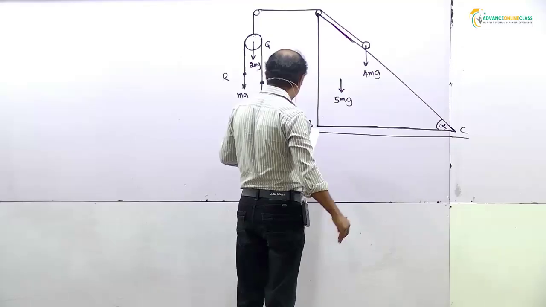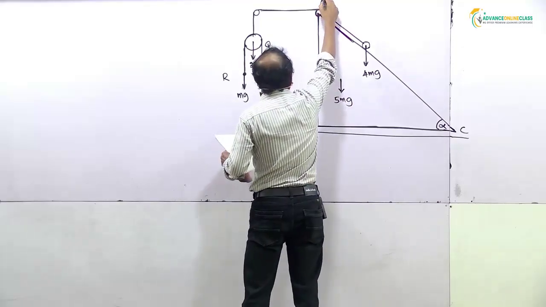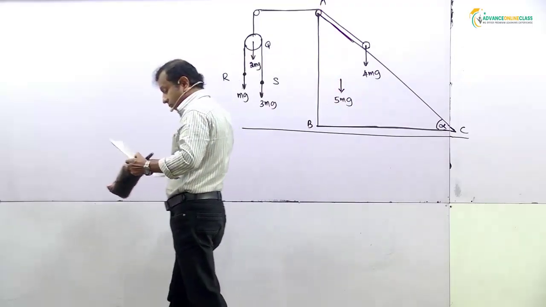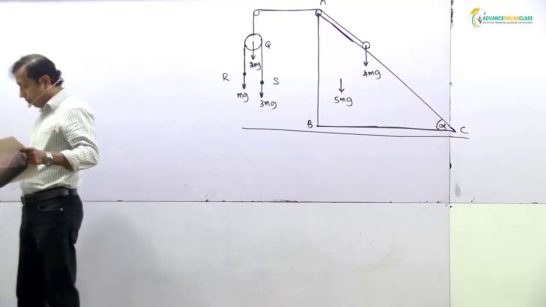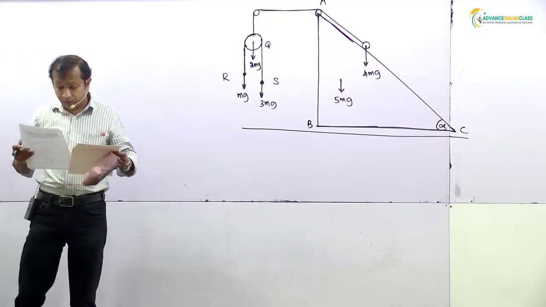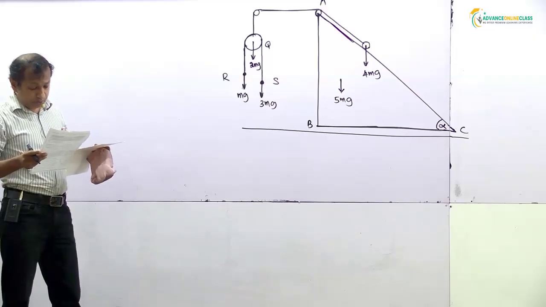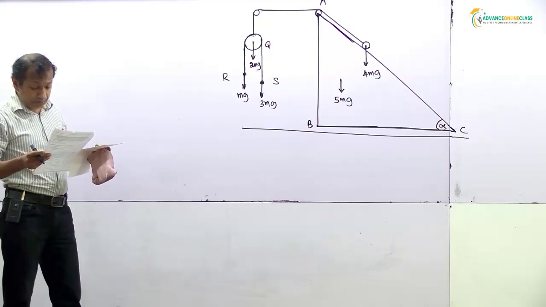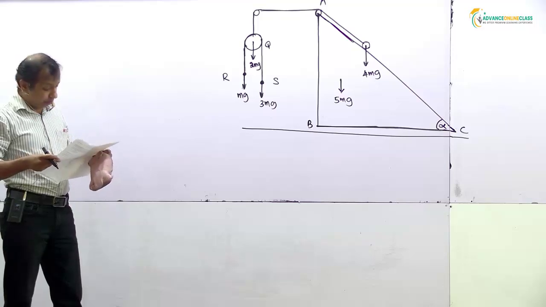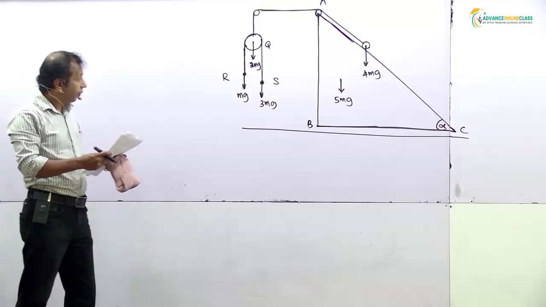Pulley Q of mass 2m. Mass P of mass 4m. And R is of mass 3m. Okay.